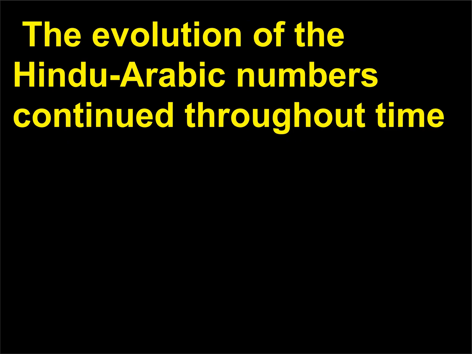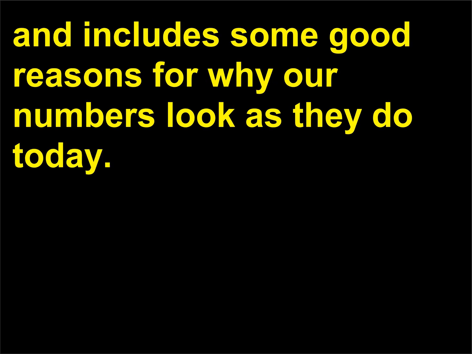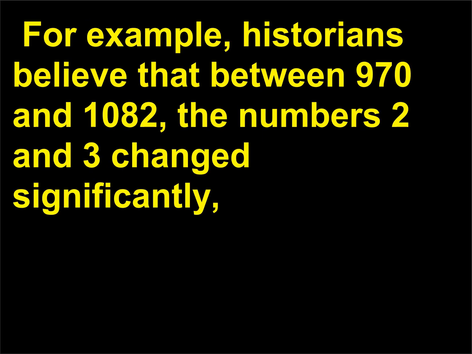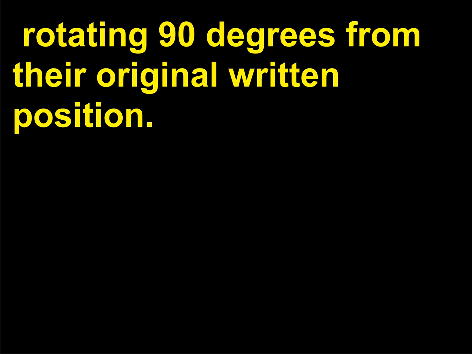The evolution of the Hindu-Arabic numbers continued throughout time, and includes some good reasons for why our numbers look as they do today. For example, historians believe that between 970 and 1082, the numbers 2 and 3 changed significantly, rotating 90 degrees from their original written position.